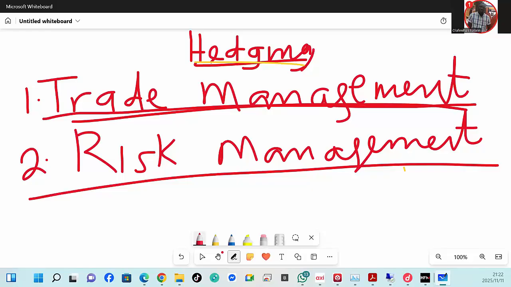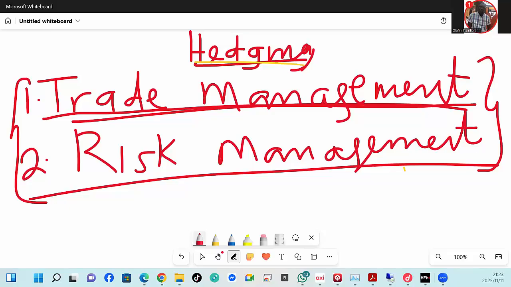You have to be good in these two areas of trading before you can survive any turbulence in the market. The English might be so long, it might look so big, but it's very easy. Don't be scared. Risk management and trade management are very, very easy things to understand along the way.